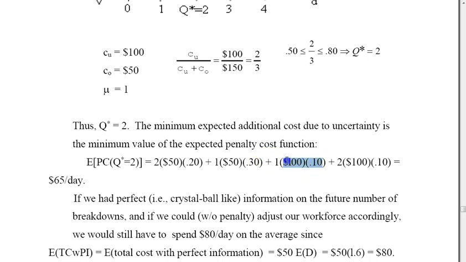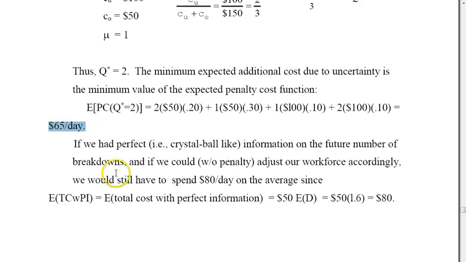That's for 3 machine failures, I have 1 going to be handled by an outside contractor. And if I have 4 machine failures, 2 of them will be handled by external contractors, and that's 10% of the time. So that gives me $65 per day.